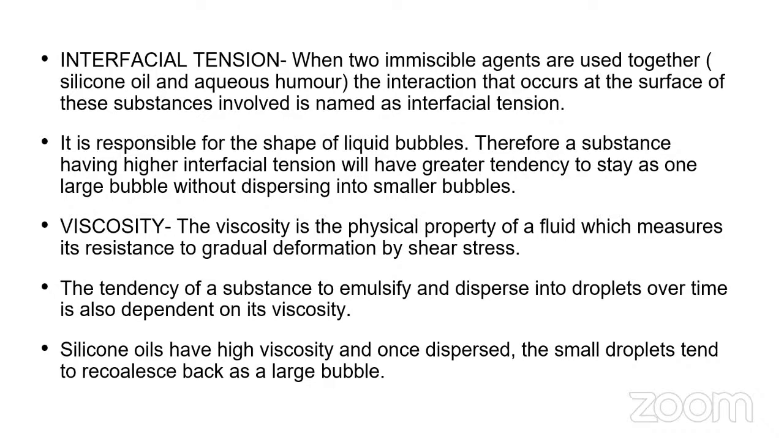Viscosity is generally measured in centistokes. Oils are available from 1000 to 5000 centistokes, which are commonly used. The lower the viscosity, the higher the tendency to emulsify. Silicone oil generally has high viscosity, and once dispersed, the small droplets tend to recoalesce back as a large bubble.